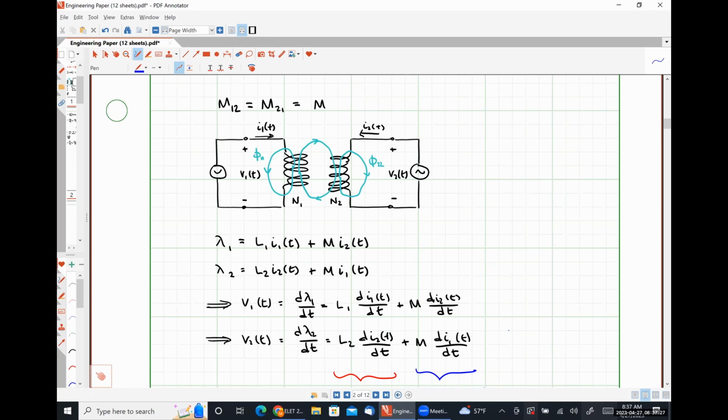So what do you think M is measured in? Look at the math. It's also got to be in henries. Yeah, so the mutual inductance is also in henries. And it just represents the interaction between those two coils that are close to each other. So it doesn't matter if it's self-inductance or mutual inductance, it's measured in henries. Okay.